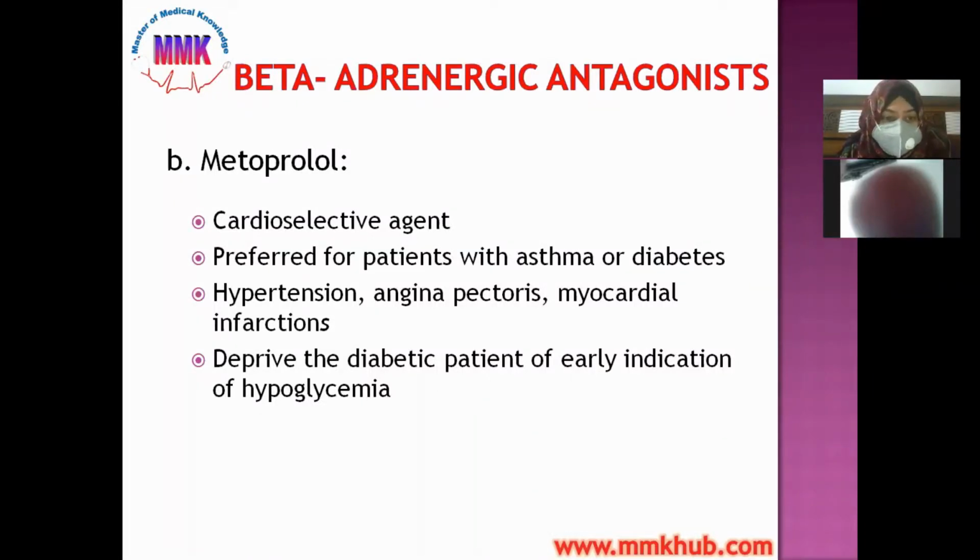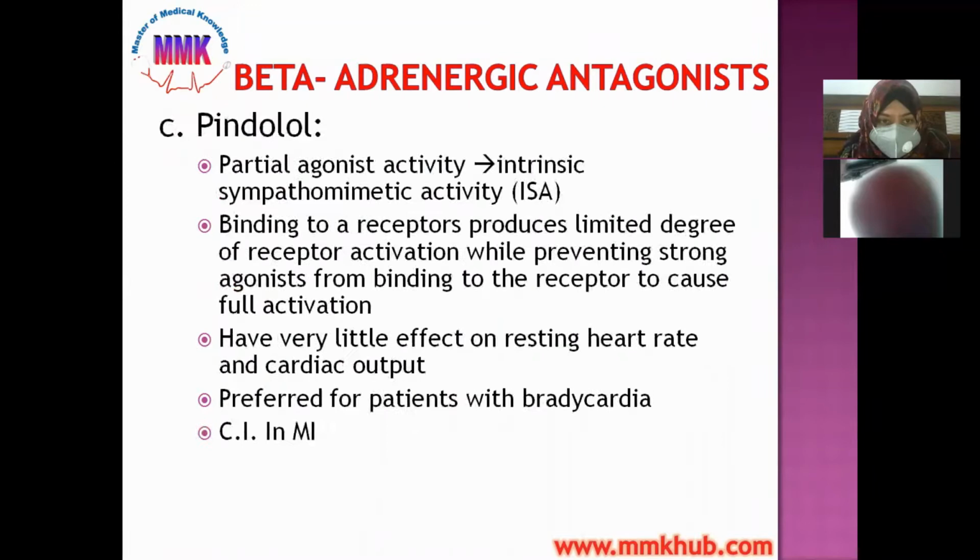It is also used for hypertension, angina pectoris, and myocardial infarction, and it is very suitable if a patient comes with asthma or a history of diabetes and is suffering from hypertension, MI, or angina. So you can give her or him metoprolol, which came with the market name of Mirol. And it also deprives the diabetic patient of early indication of hypoglycemia.